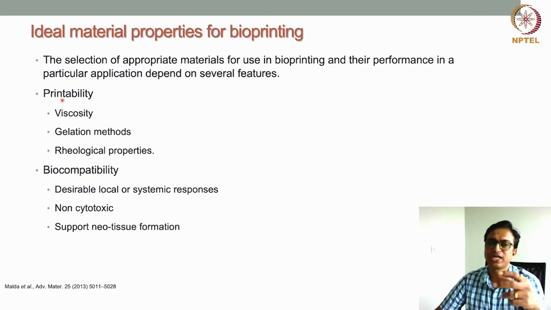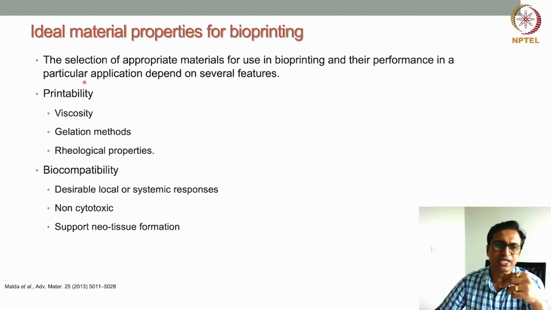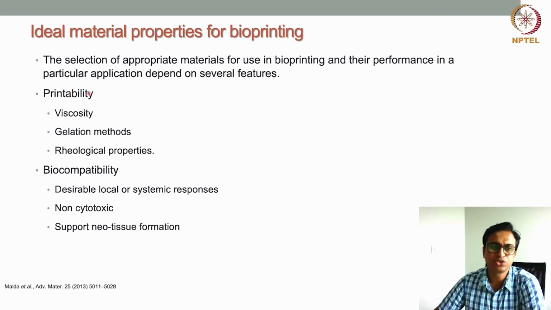So as per the design, we can get the exact structure. So printability is a major factor for bioprinting, and the printability of a hydrogel is a major property. The material should have ideal printability.